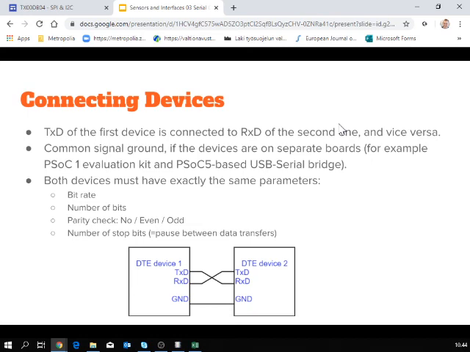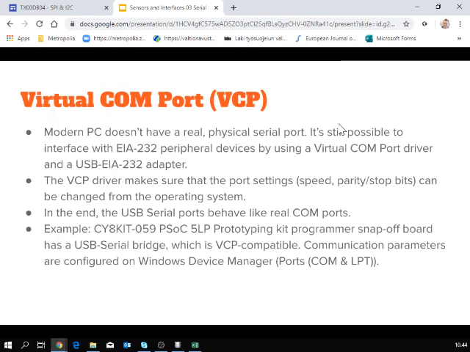Then you would connect transmit to transmit, because from that DCE point of view, transmit means input. Just so you don't get confused if you ever end up designing that kind of thing and you have a communication circuit.